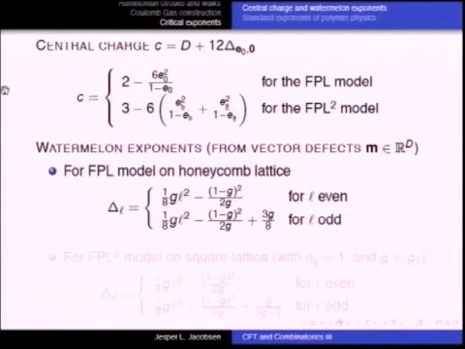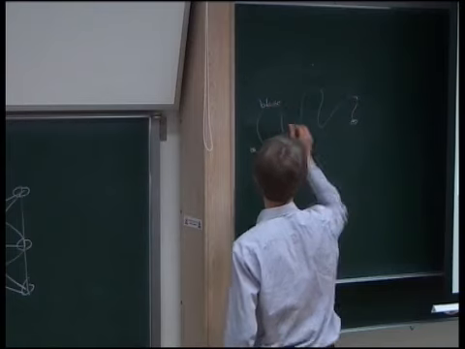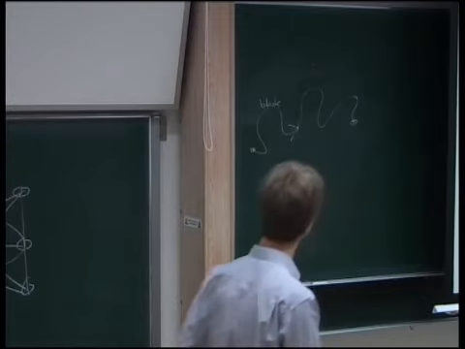I can generalize these watermelon exponents now by inserting vector defects. So suppose, for example, that I want to say something about Hamiltonian walks instead of Hamiltonian circuits, say on the square lattice. So I want two vertices and I want a directed Hamiltonian walk connecting the two. Let's say that this is black. And red is green, as you might have expected.